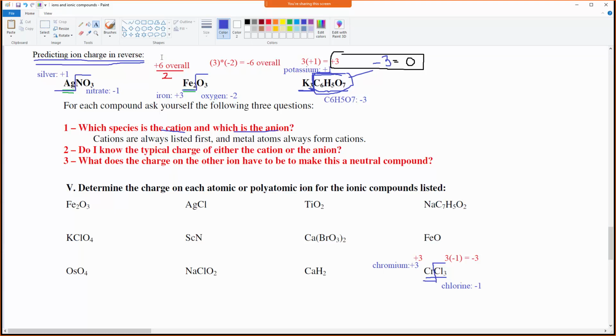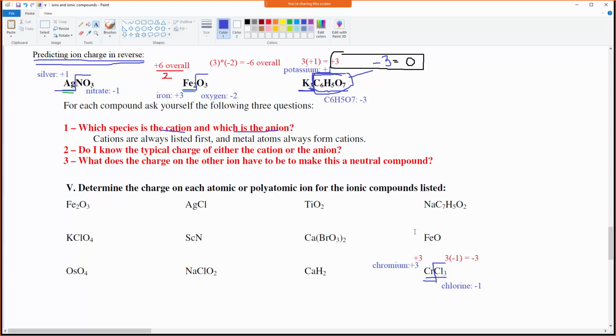Should we do it again? You guys can let me know when you feel like you've done enough of these. All right, but this is kind of tricky, so I'm happy to do all of them. Let's do the FeO. Tell me, guys, what is the cation and what is the anion? Fe is the cation. Perfect. Yes.